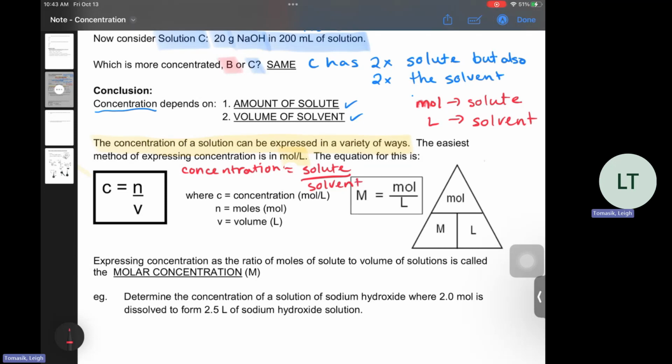So we have this formula for how we calculate these things in the lab, and it's C for concentration equals n for moles of solute over V, which is volume of the solution, of the final solution.